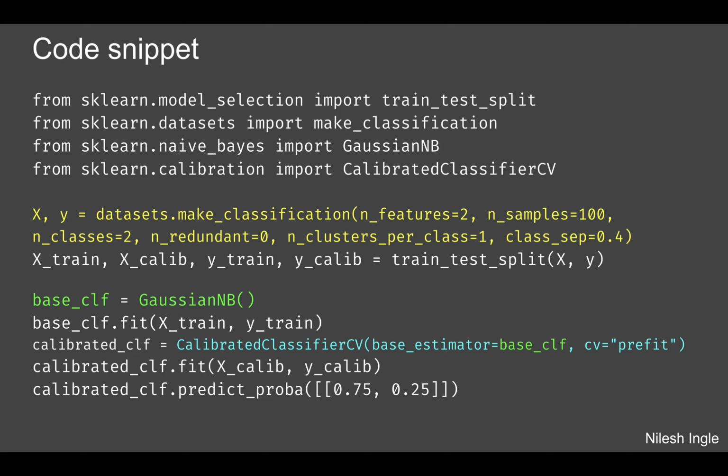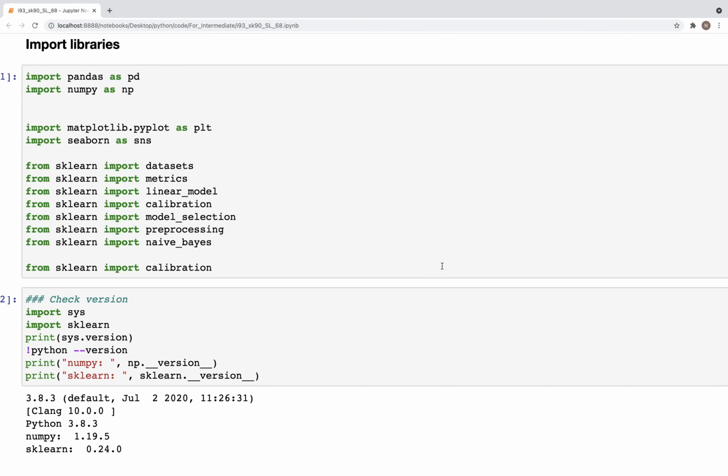Now let's get into Jupyter Notebook and see how we can implement probability calibration, and also look at how we can plot a calibration diagram or reliability diagram. So here in Jupyter Notebook, I've imported these libraries. We may not use all of them, but I've imported them anyway. This is the one we'll be using for this topic, which is calibration.